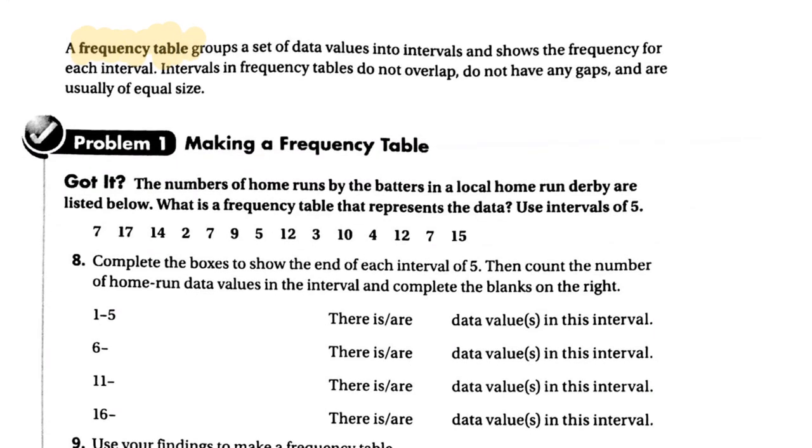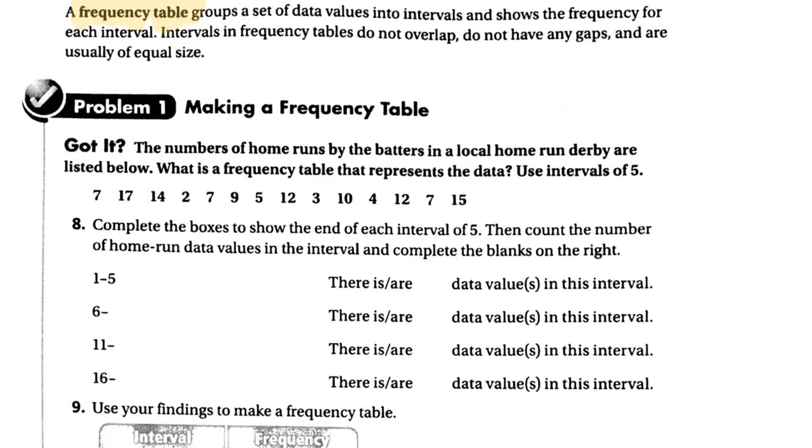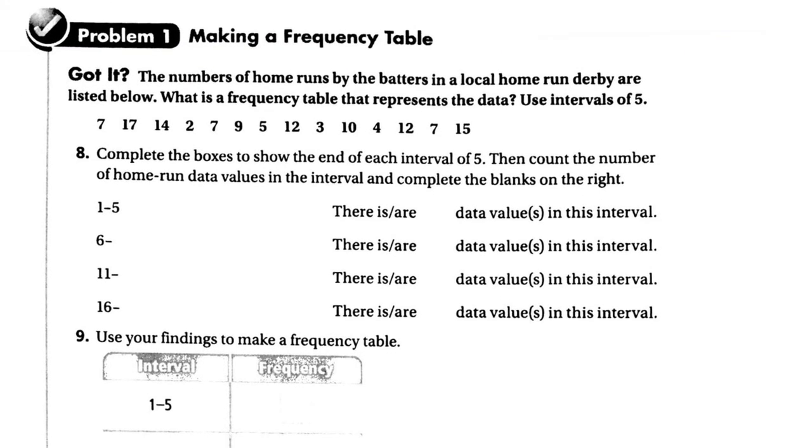A frequency table groups a set of data values into intervals and shows the frequency for each interval. Intervals in frequency tables do not overlap, and they do not have any gaps, and they're usually of equal size. So, we're going to go over problem 1, making a frequency table.